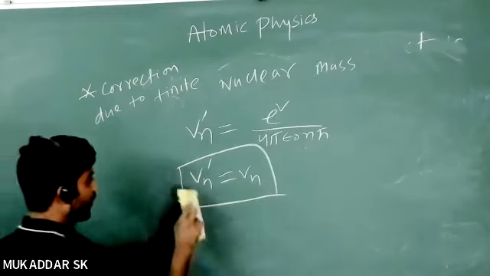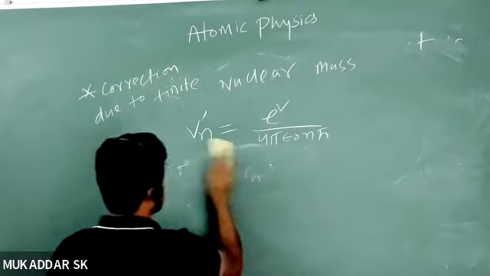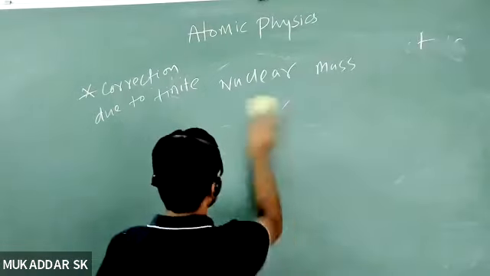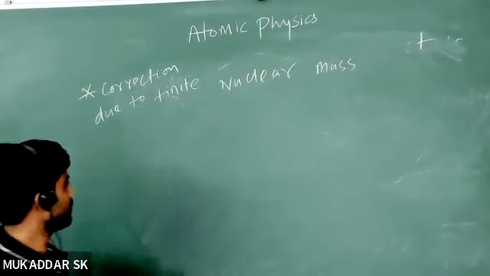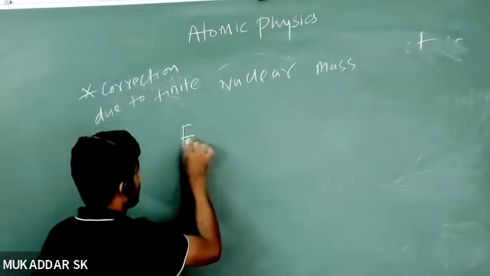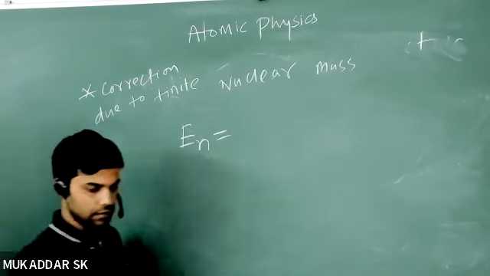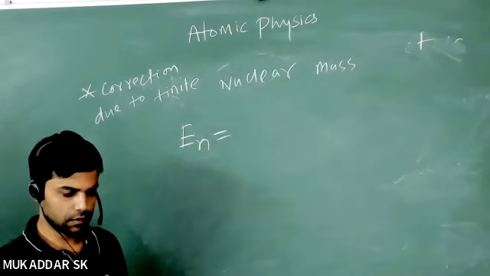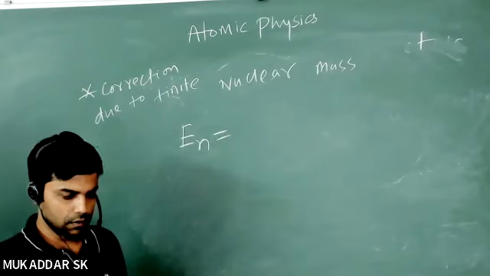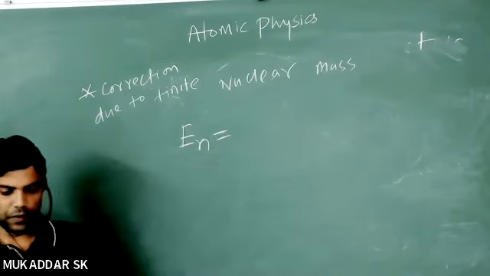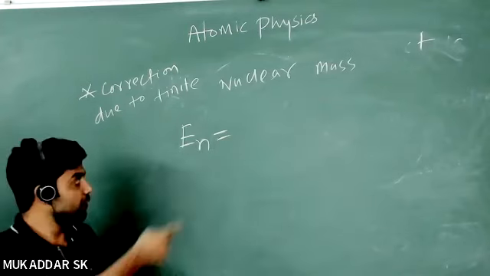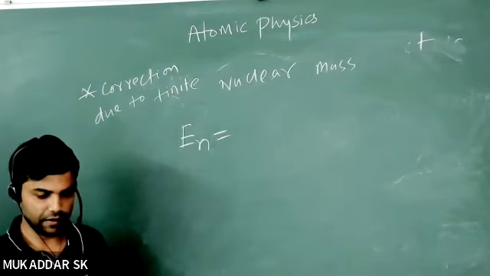Now look at the energy expression. What will happen? Look at the energy expression. Sir, if there is change in mass, then there will be change in velocity, right? Yeah, that was the beautiful thing. But what is that expression telling?